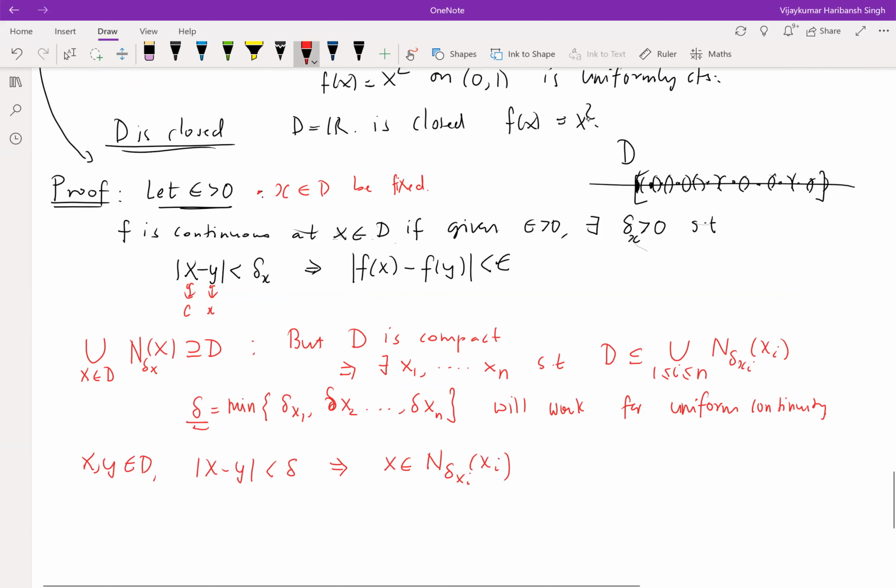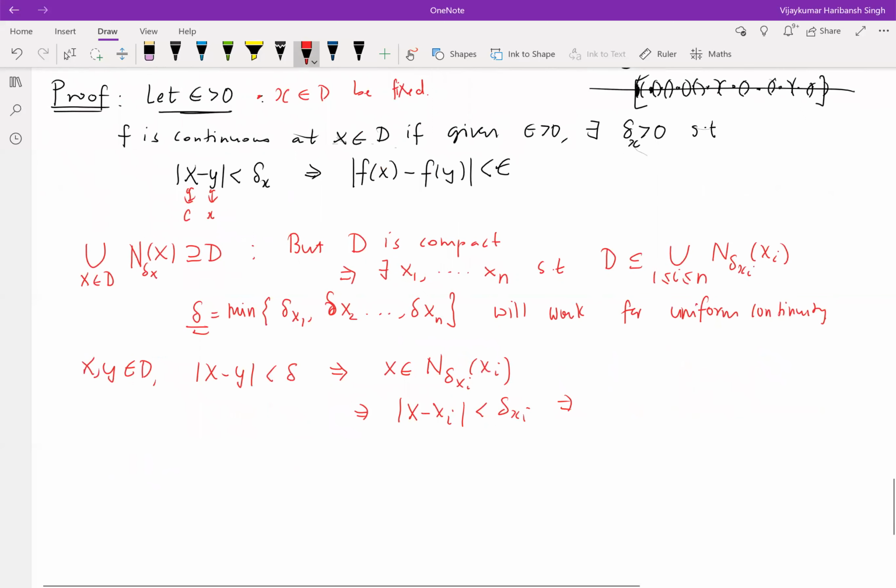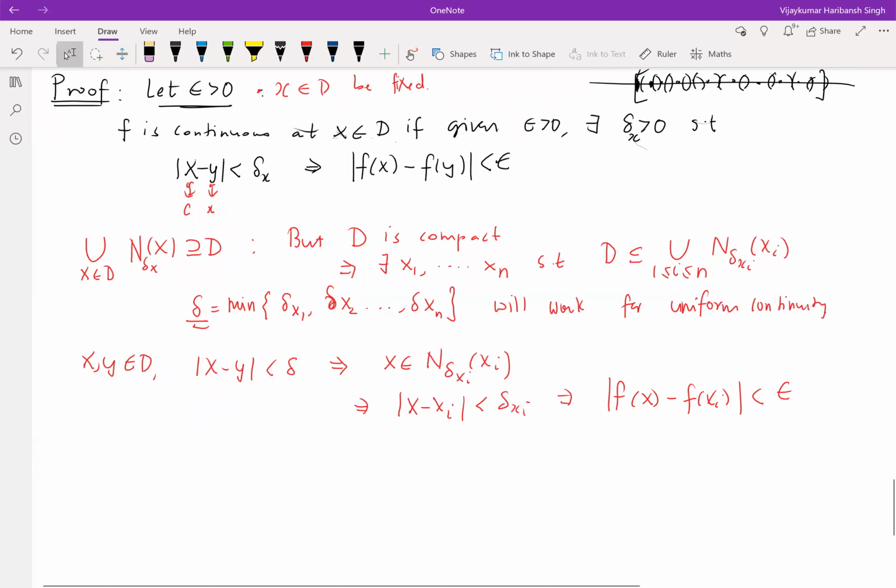Because it's an open cover after all, so one of the delta xi neighborhoods will contain your x. This means that the distance between x and xi is less than delta xi. But this would imply that |f(x) minus f(xi)| is going to be less than epsilon, right? This comes from the continuity at xi. So far good.